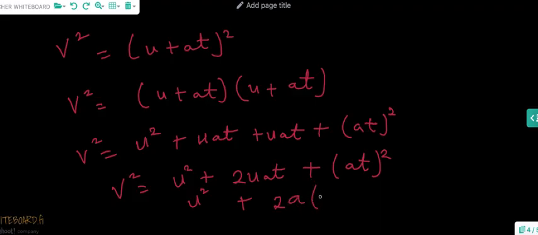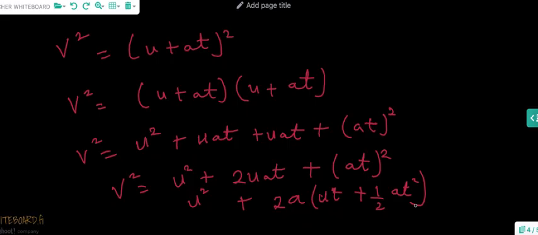Then I'm left with ut, plus this one. There's no 2 here, so I'm going to have half. Since 2 is not there, if I divide it by 2, half will be written. So half, then a is gone, t remains, so at square.